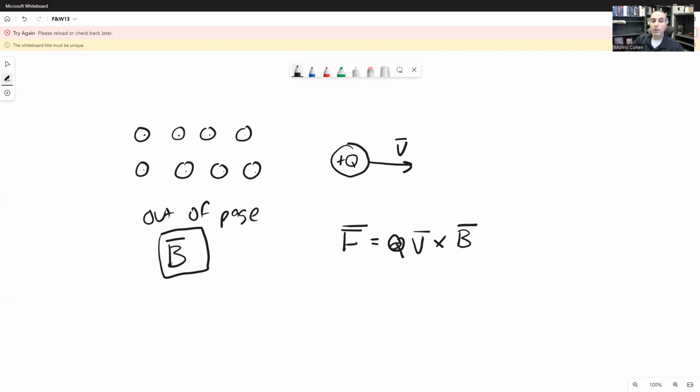In this case, that cross product, QV cross B, if you take the right-hand rule, sweep the V into the vectors coming out of the page, you end up with a force that's going to be this way.